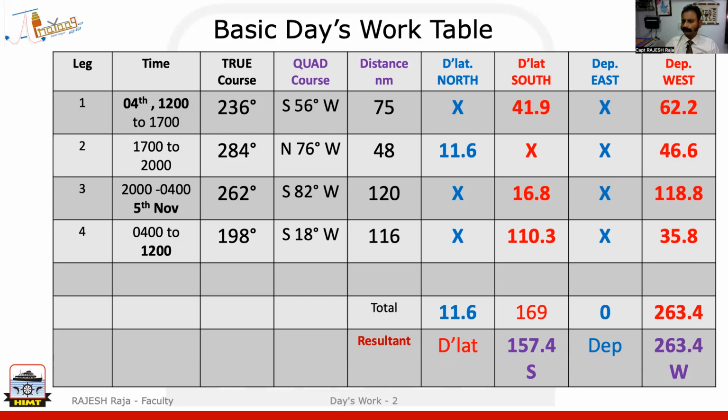How to continue on this. Basically, all I'm doing is an algebraic sum, and finally I'm finding the resultant. So I'll stop it here. The basic step was to help you make the table and find out D'lat and departure for each. That is what we have done. I'll continue from the resultant part of it in the next module.